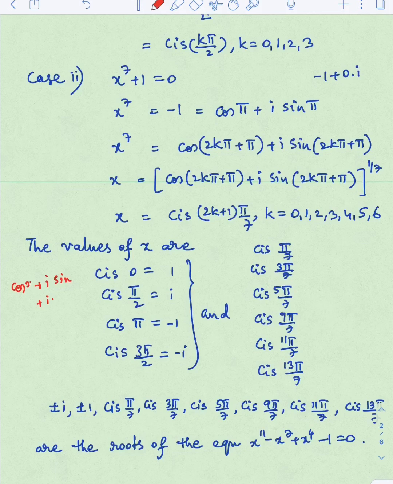So when you put 3 pi by 2 here, cos becomes 0. Cos of any odd multiple of pi by 2 is always 0. Sin becomes minus 1. So 0 plus i into minus 1, which is equal to minus i. You can see that here.